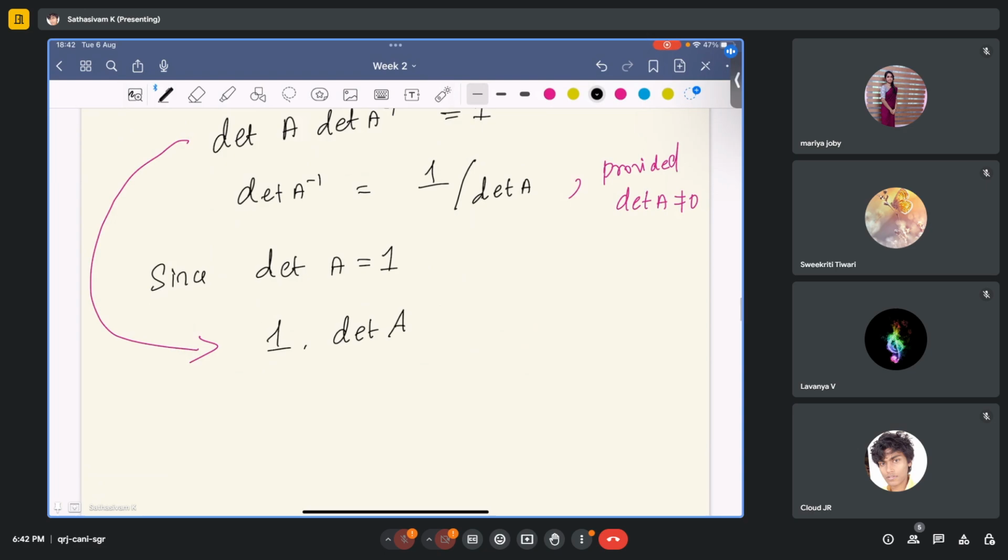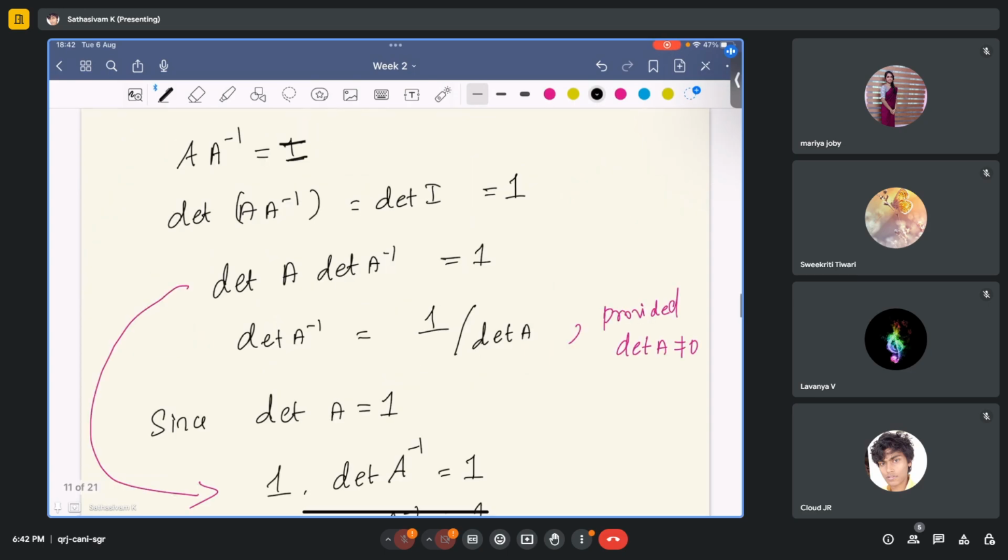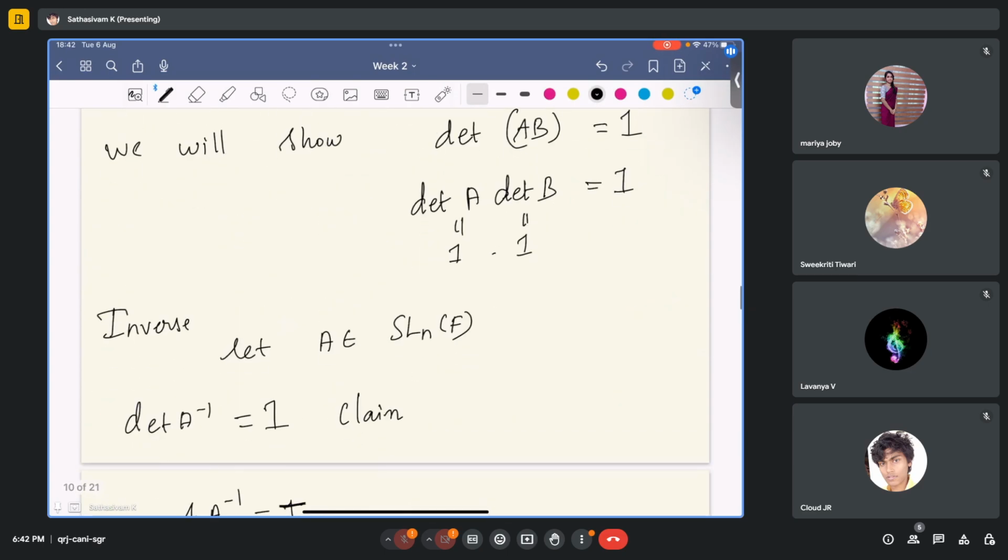So 1 times determinant of A inverse is equal to 1. So that proves it, we have shown that the inverse is also inside SLn.